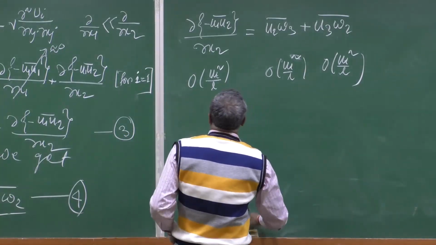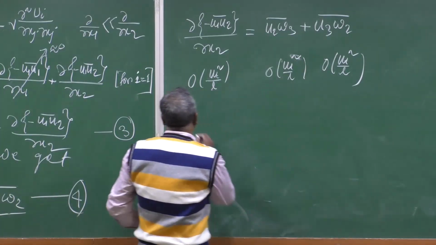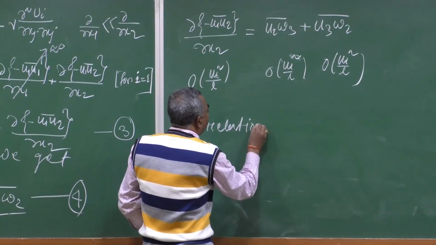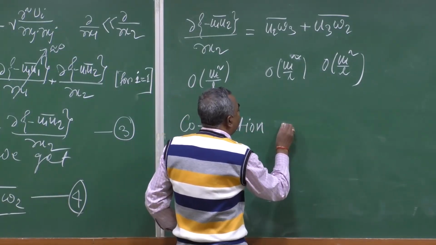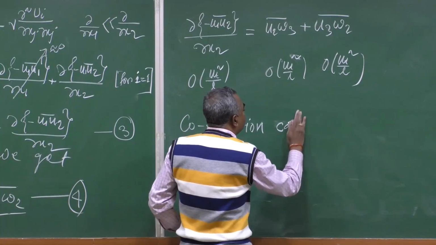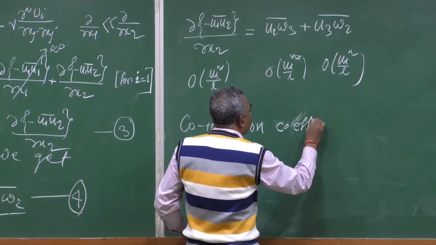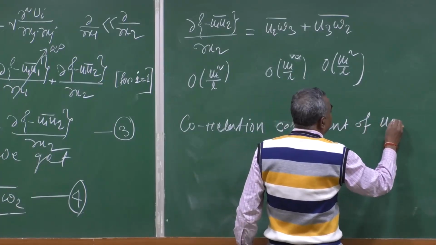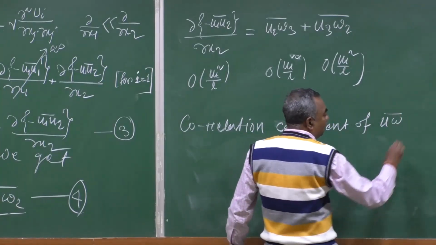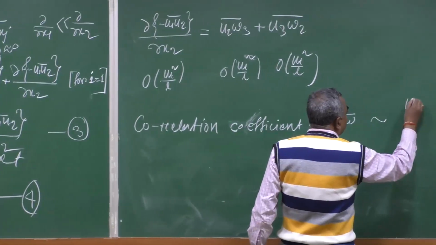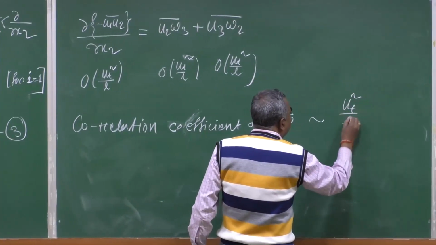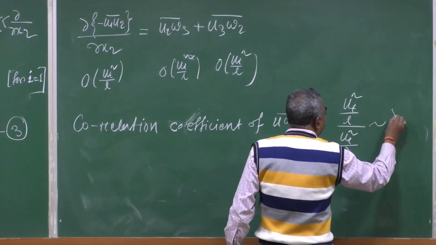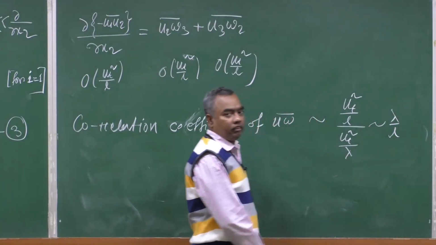to find the correlation coefficient as in our previous way of doing it. Okay. So, the correlation coefficient of that u omega can be found as ut square by L divided by ut square by lambda, which is lambda by L, okay.